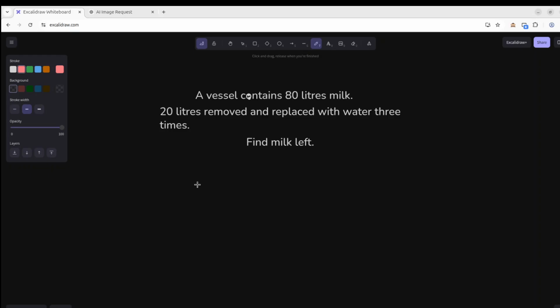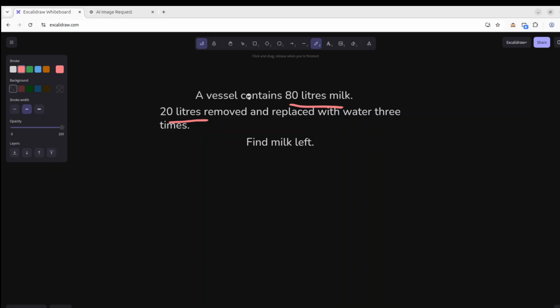Let us solve a question using this successive replacement. A vessel contains 80 liters of milk. So the vessel contains 80 liters of milk, 20 liters removed and replaced with water 3 times. We need to find the milk left.